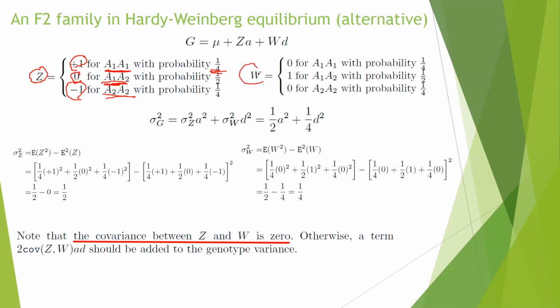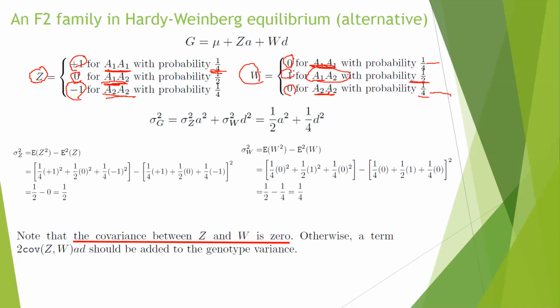The second random variable is defined the same way. If we look at genotype A1A1, this is homozygous, so there's no dominant effect, and we put 0 here. The same goes for the other homozygous genotype. For either of these, the probability is 1/4. Only the genotype that takes the form A1A2 has a dominance effect, with a probability of 1/2.